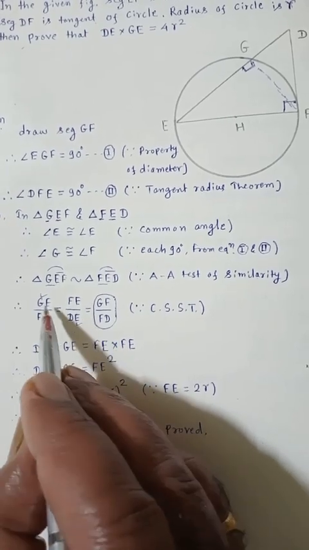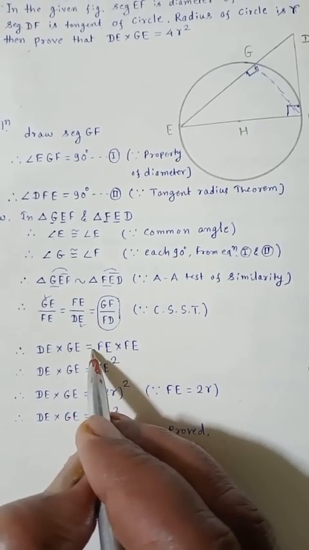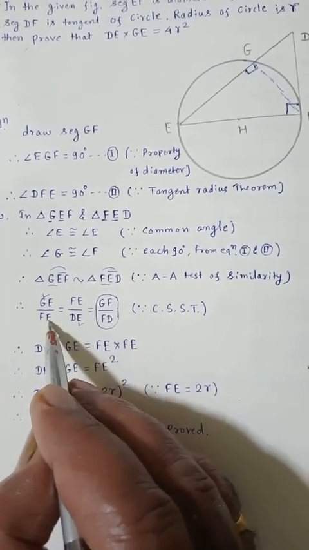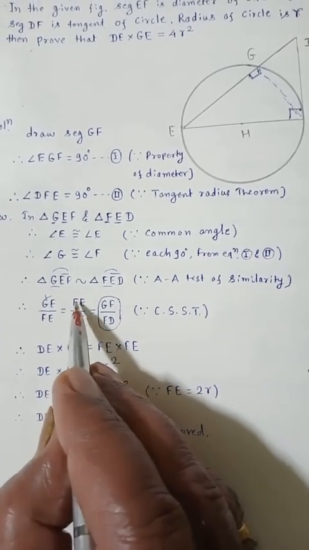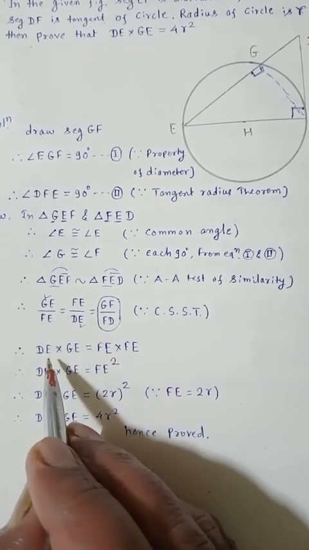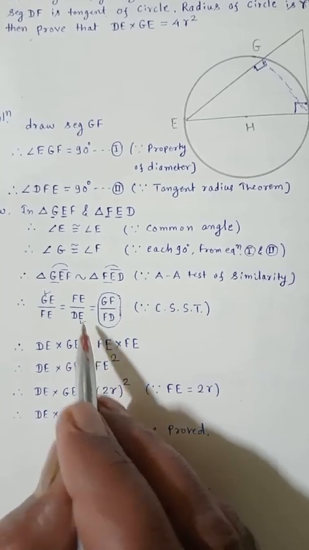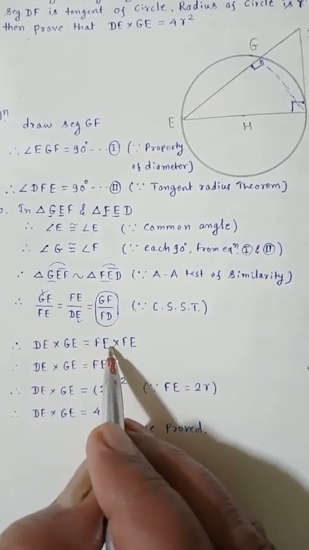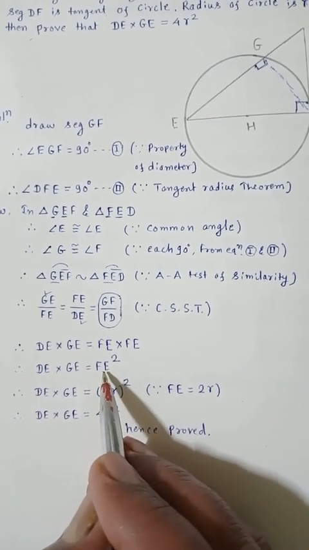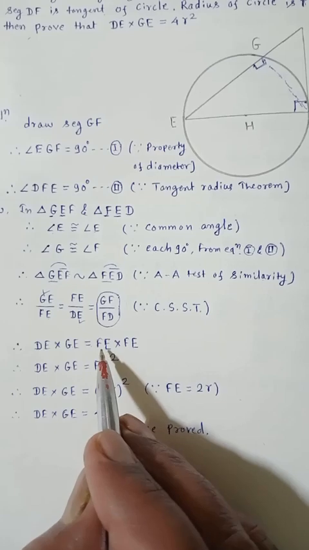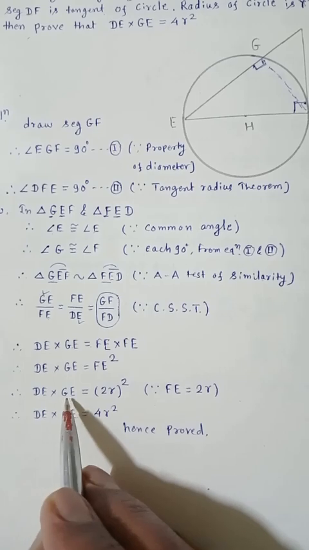We neglect this ratio from these two ratios. By cross multiplication, D into G is equal to FE into FE. Therefore, D into G is equal to FE square.